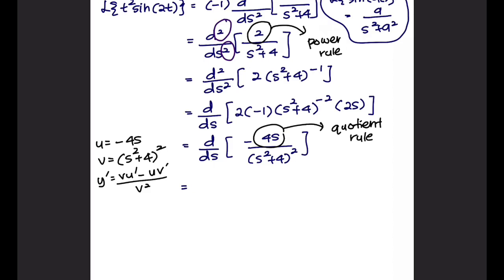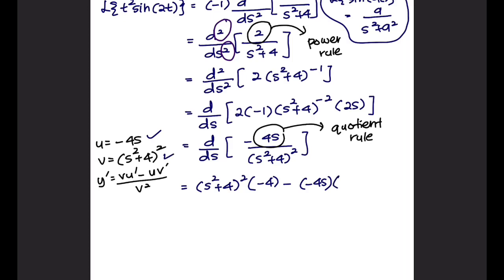Okay, so you will get v, so (s squared plus 4) squared, times differentiate u, you will get negative 4, minus u, which is negative 4s, times differentiate v.